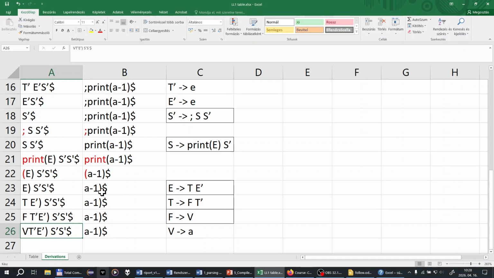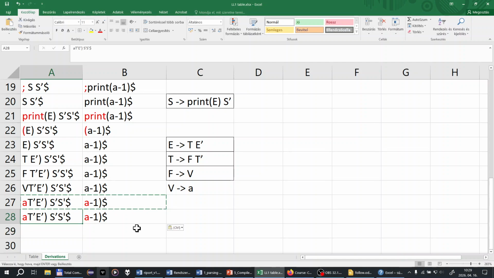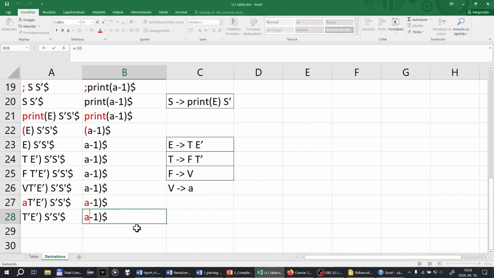So here we have a, T prime, E prime, closing bracket, S prime, and so on. So we eliminate the E, and then we have T prime and T prime and the minus.